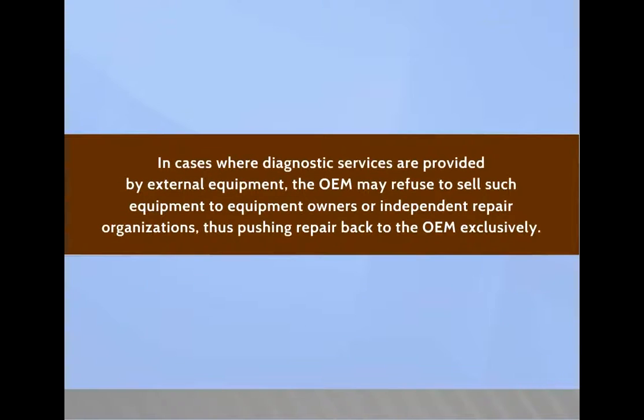In cases where diagnostic services are provided by external equipment, the OEM may refuse to sell such equipment to equipment owners or independent repair organizations, thus pushing repair back to the OEM exclusively.